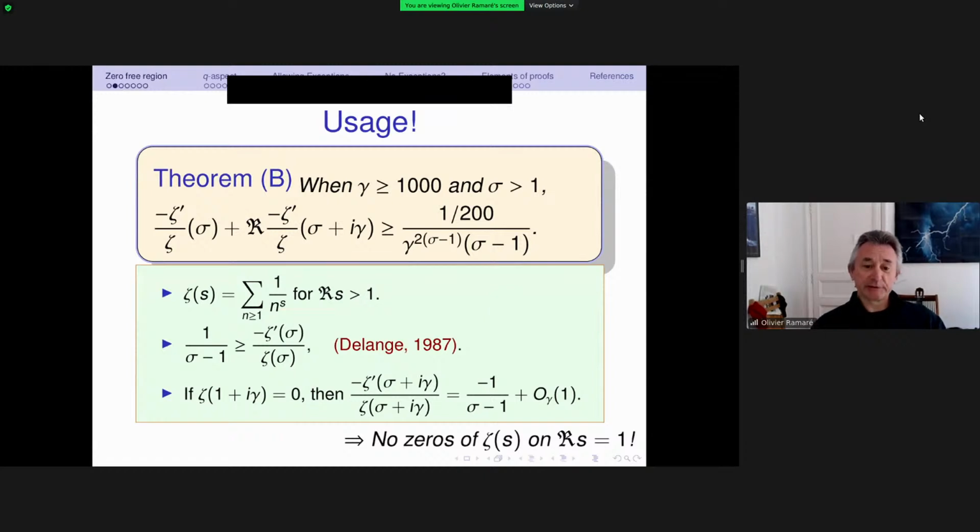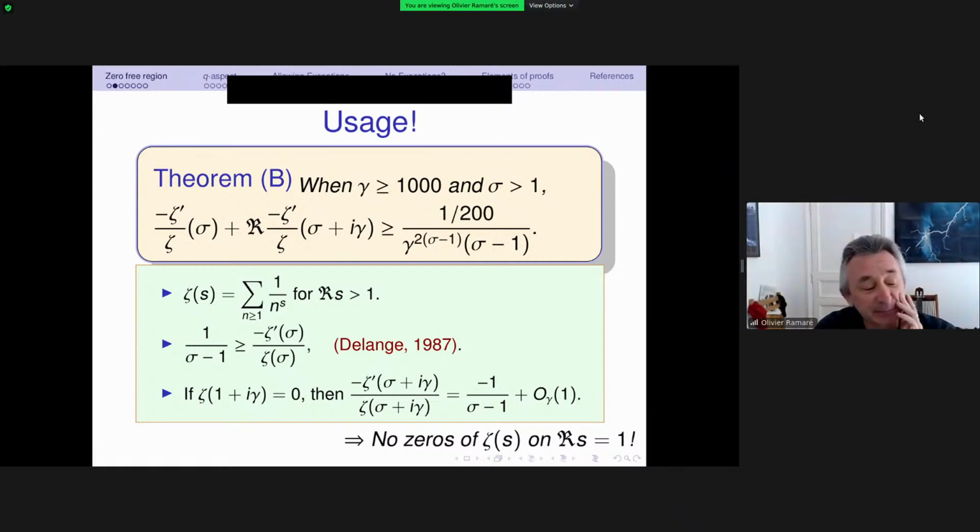What can we do with that? Here is a theorem that we can prove from it, and then I'm going to use this theorem. The theorem is about zeta prime over zeta. For people who don't know, since this is a conference about analytic number theory, I recall that zeta of s is the sum of 1 over n to the s for the real part of s strictly larger than 1.